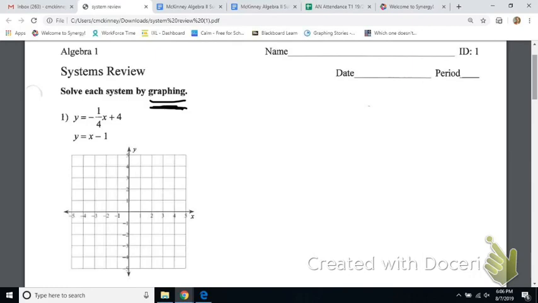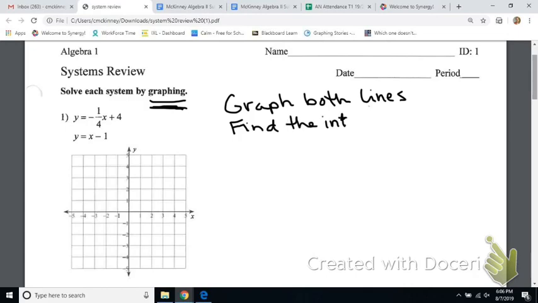So to solve it by graphing, we're going to graph both lines and then find the intersection point. So where do they cross? You're not just going to find it, you're going to actually tell me what it is. Simple enough, right? Well, hopefully simple enough if you remember how to graph.